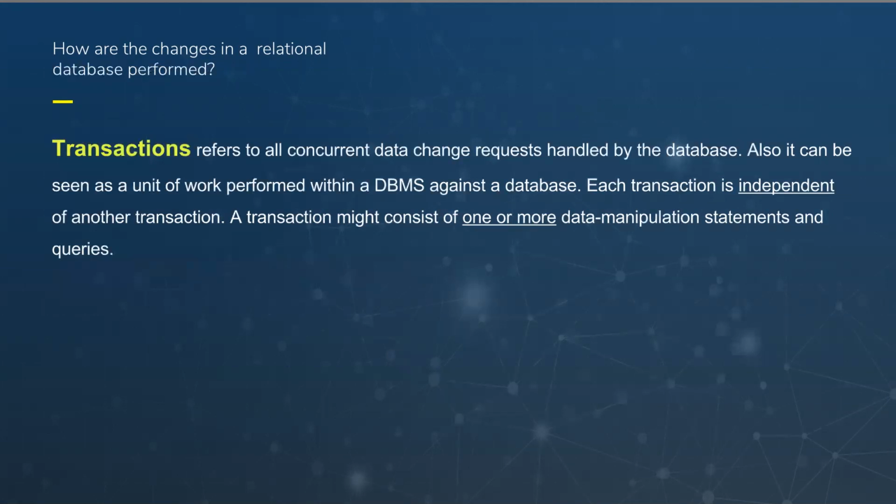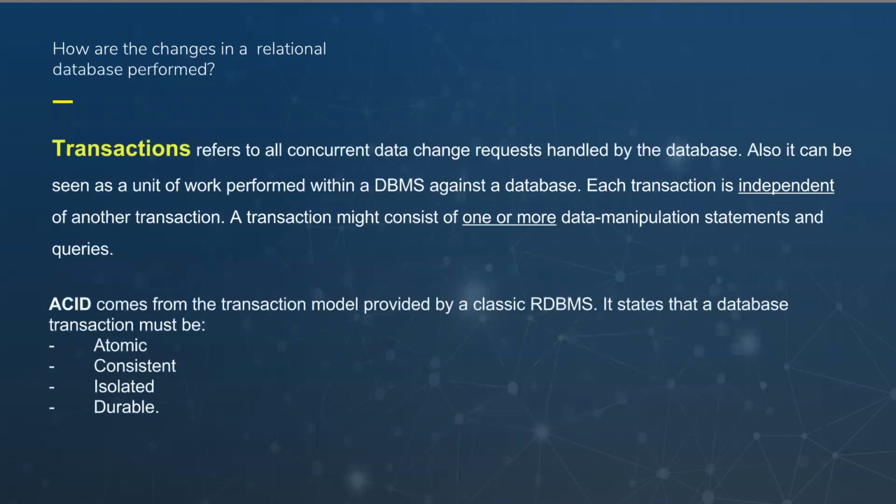There are 4 principles that a transaction on a relational database must follow, and the acronym is ACID: atomicity, consistency, isolation, and durability. Let's start with the first one.